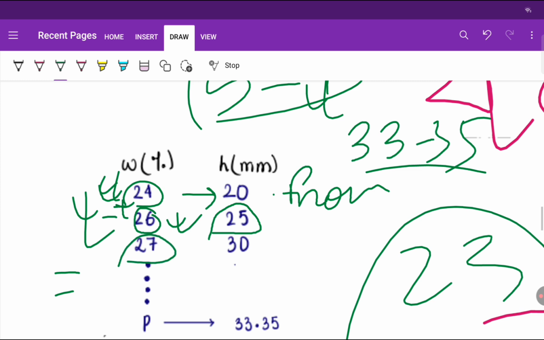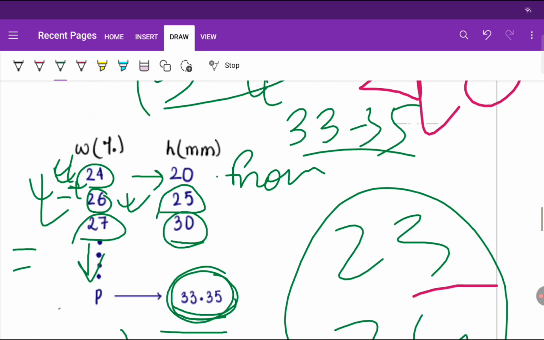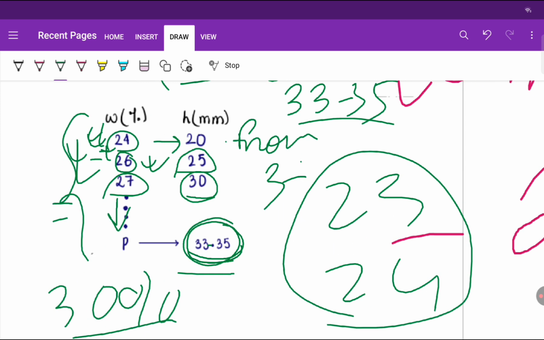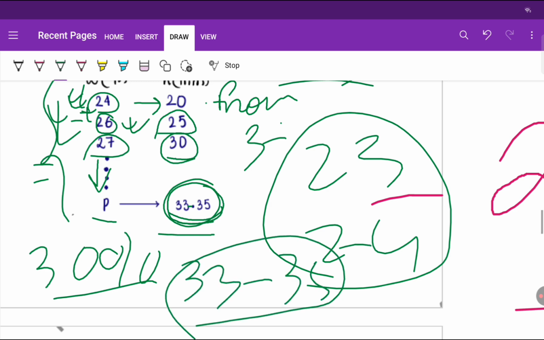Then we added 27% water, we got 30. This test should be continued until we get 33. Until 33 to 35 we have to do this test. We have to continue this test until we get 33 to 35 mm penetration from top, right?